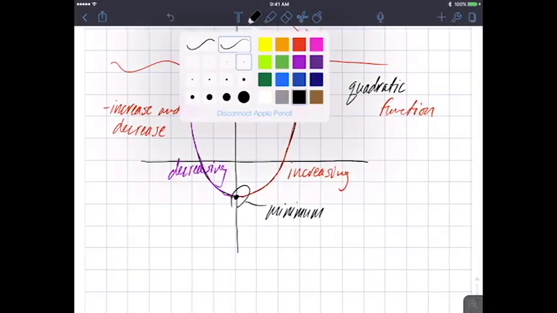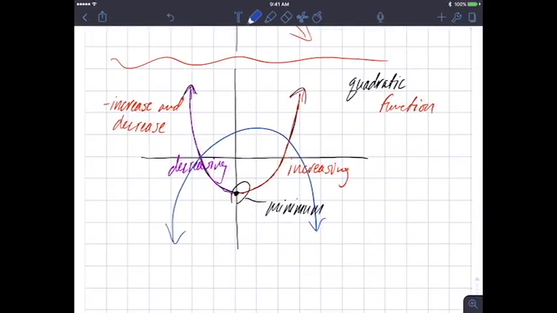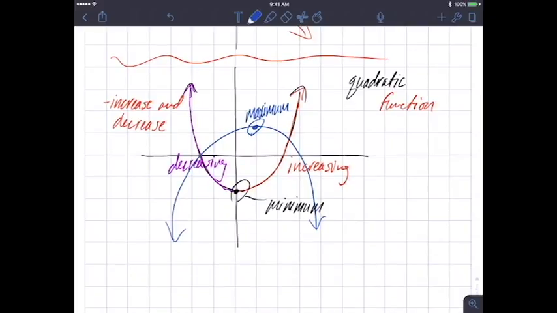Vice versa. If we had another graph, let's say it looked like this. Then we could say the maximum of this graph would be at the very, very top. So maybe around here. Okay, that would be the maximum point. And just like the other graph, we have areas where it's increasing here.